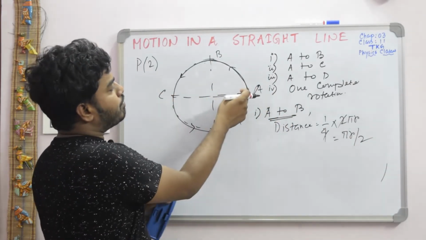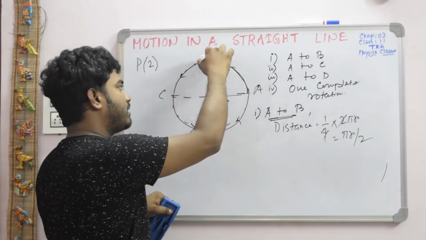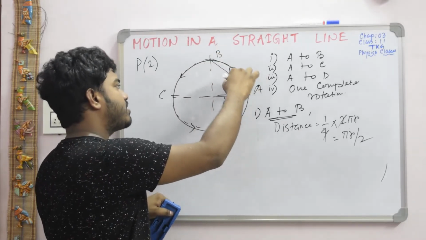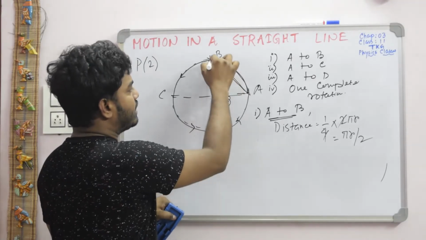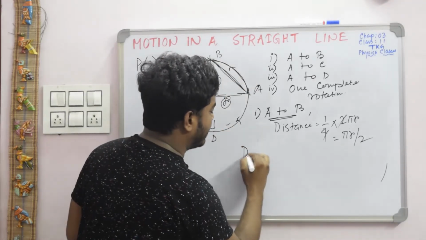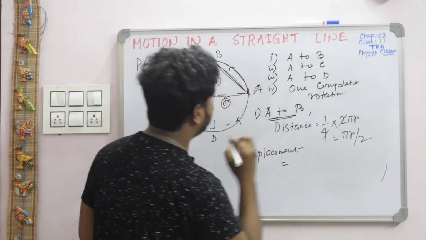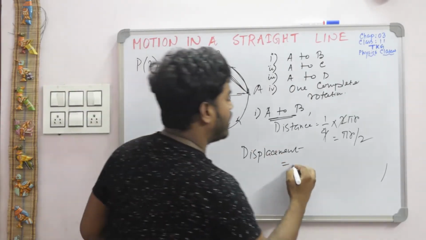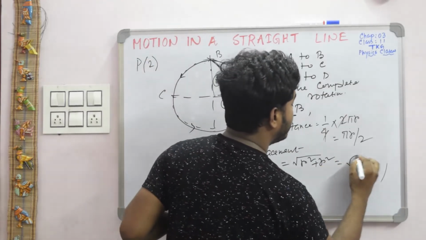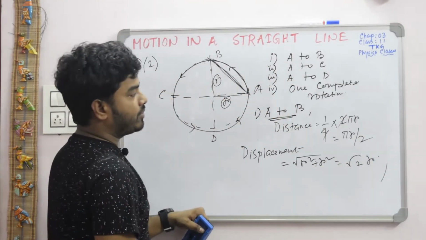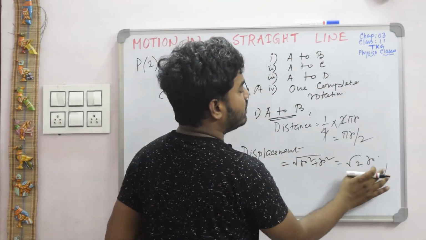Now what will be the displacement here? The body moves from A to B, and displacement is the shortest path, that is this straight line, and these lines are r. So what will be the distance AB? That is, displacement is equal to root under r square plus r square. So this one will be root 2 r. So for the first case, distance is pi r by 2, displacement is root 2 r.